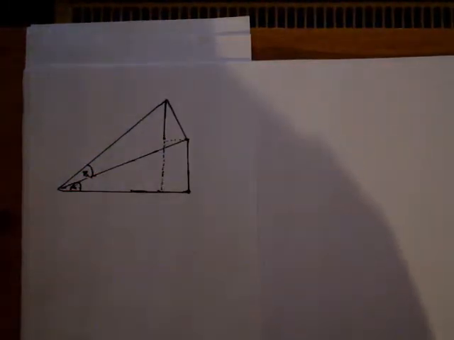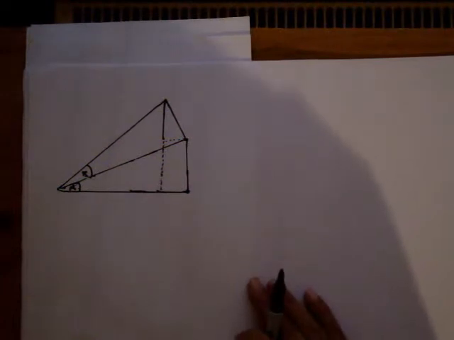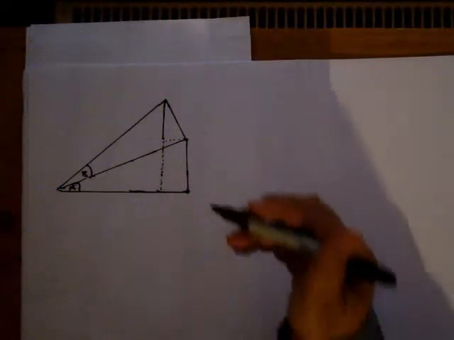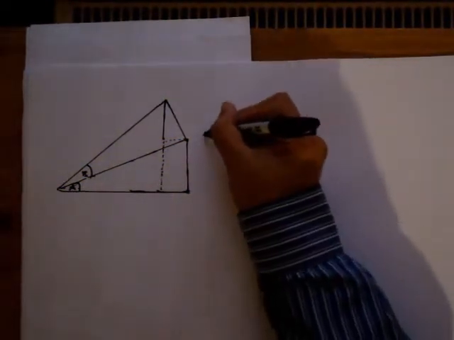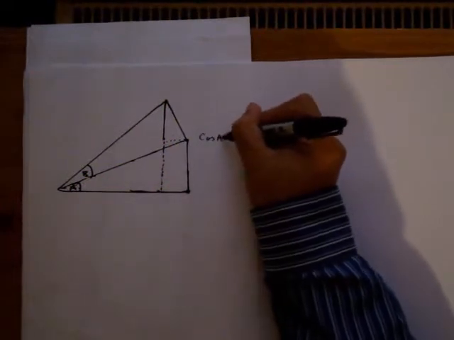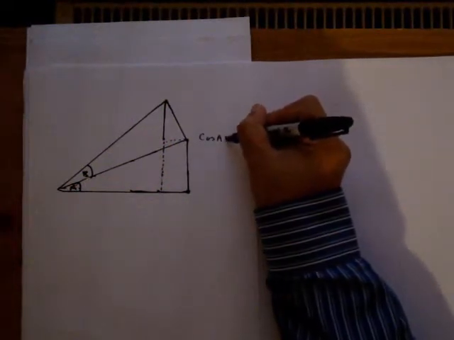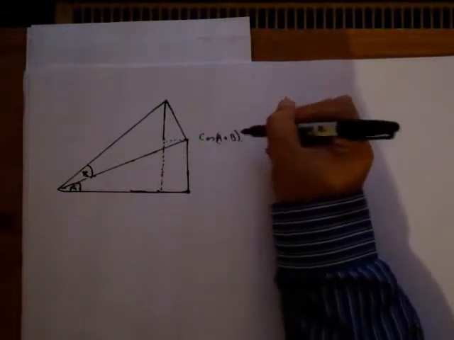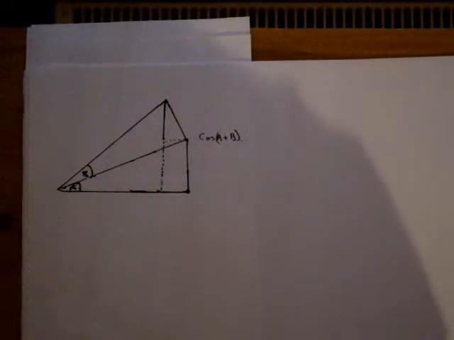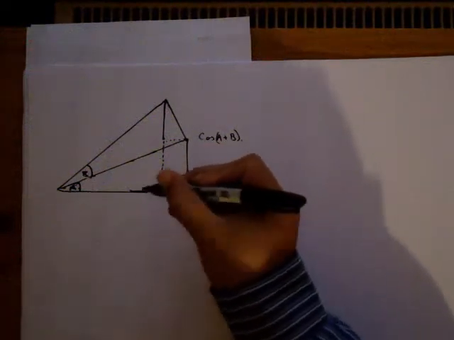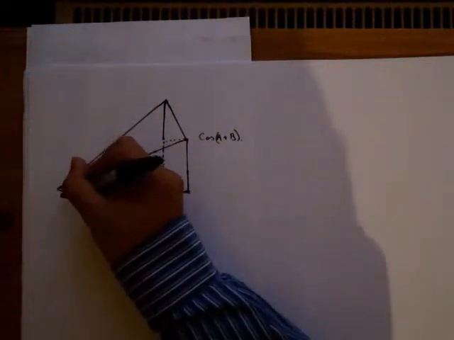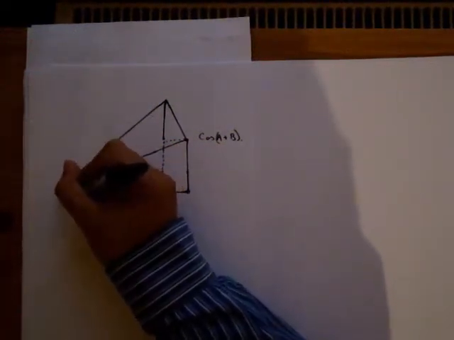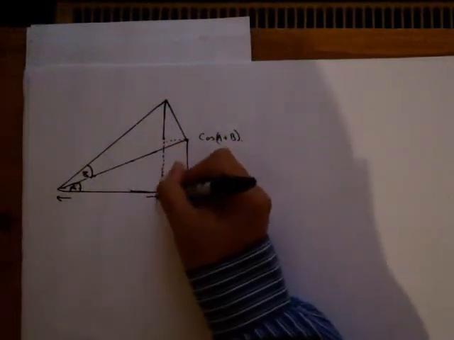If we look at the same situation again, but for cos of A plus B, in this situation the cos of A plus B is this, from here to here.